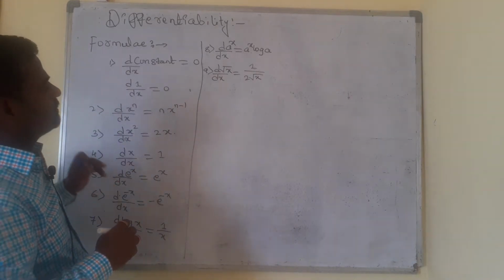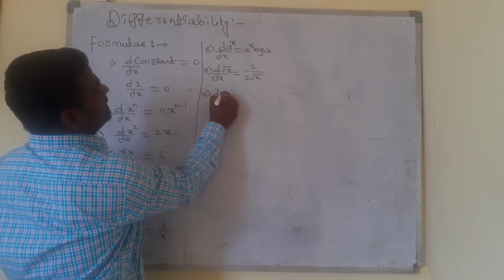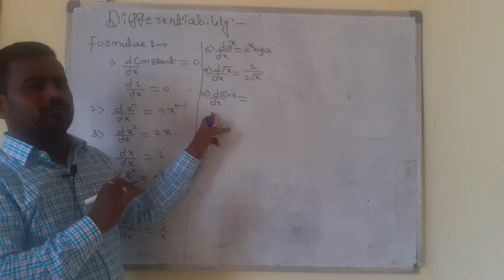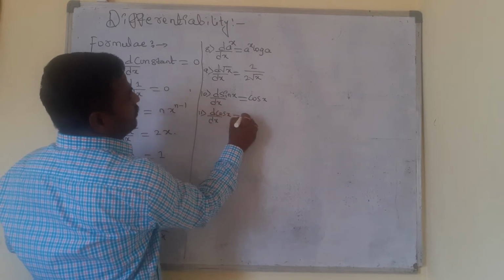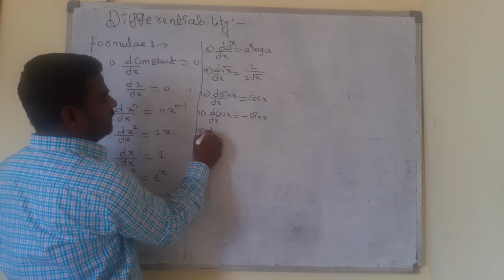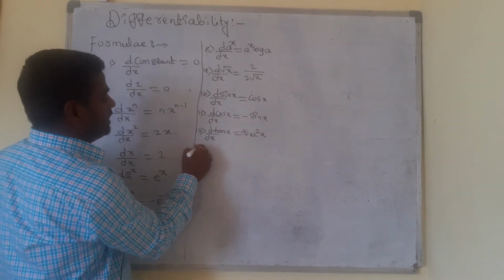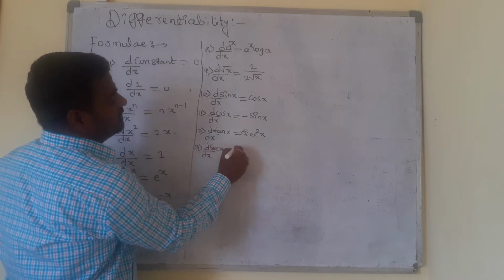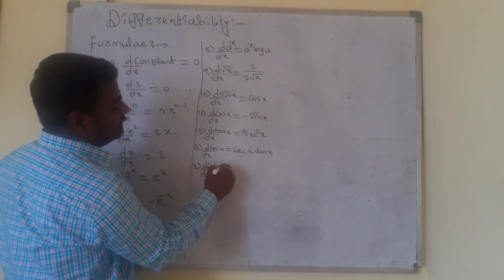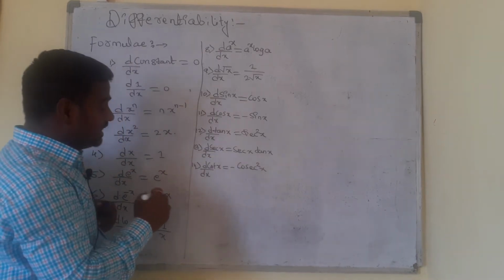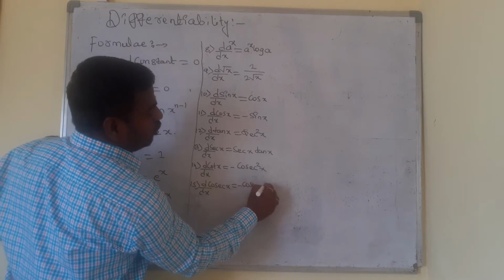Next, d/dx of sine x, a trigonometric function, is cos x. d/dx of cos x is minus sine x. d/dx of tan x is secant square x. d/dx of sec x is sec x tan x. d/dx of cot x is minus cosecant square x. d/dx of cosec x is minus cosec x cot x.